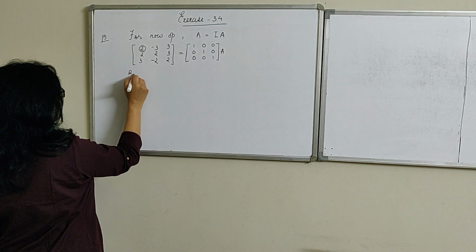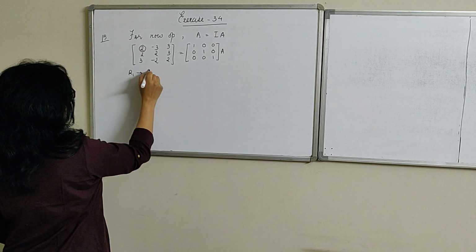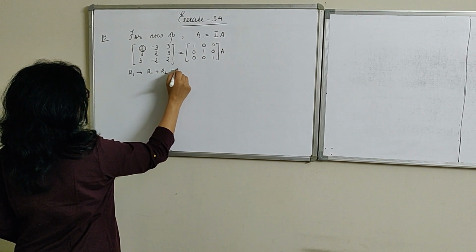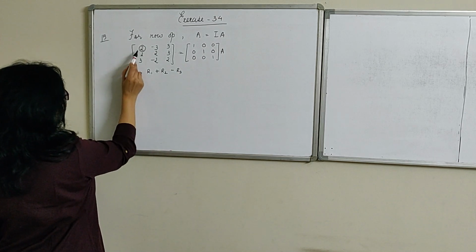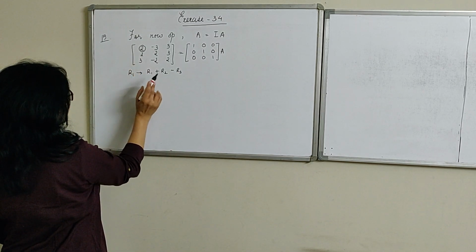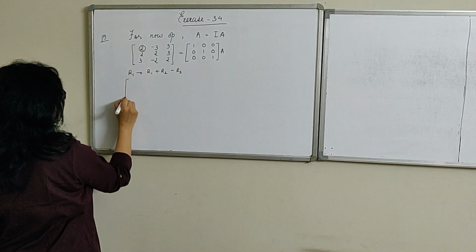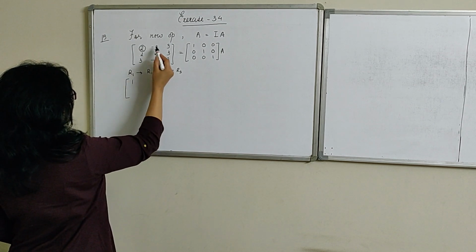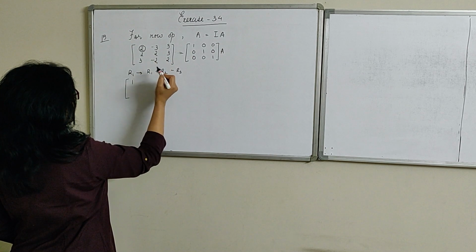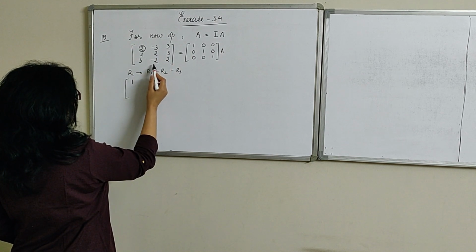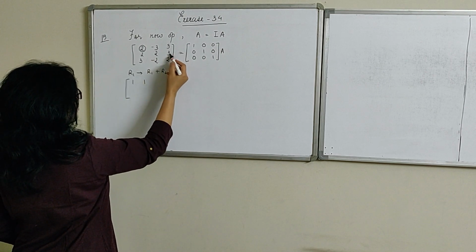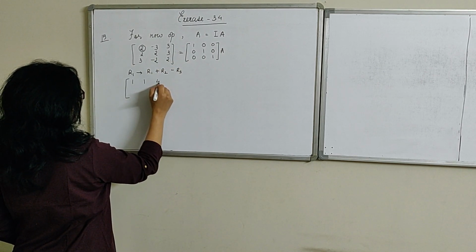This element is in first row. So let us perform this operation. See, with this operation you get 2 plus 2, 4 minus 3, 1. So we can easily get 1. So performing this operation, here is 1. Minus 3 plus 2 minus 1, minus 1 plus 2, 1, 3 plus 3, 6, minus 2, 4.